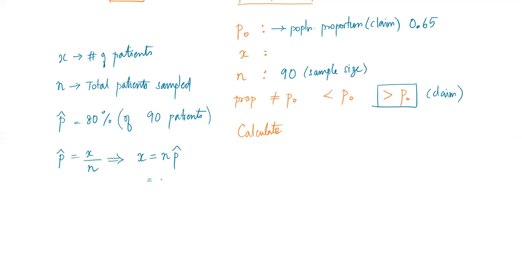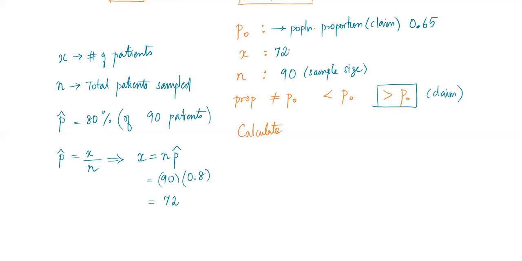So n would be 90 in this case. p hat is given to be 80%, so 0.8. So go ahead and multiply those two, and 0.8 times 90 is 72, right? 9 times 8, 72. And that is what you bring back here and write x as 72.